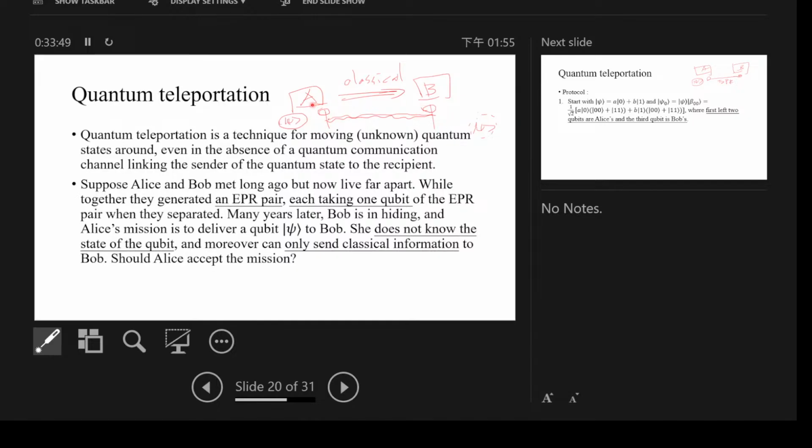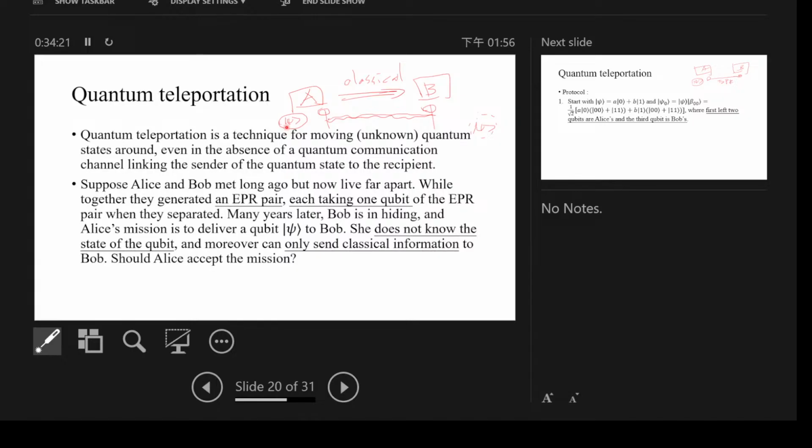Maybe they don't have a quantum channel between them, but maybe they meet sometime before, and Bob just takes away one qubit from Alice. Anyway, they have this pre-shared entanglement. They created it in some way, and now they can only send classical information between them. So Alice is going to send classical information to Bob, and the end result is that Bob will have the unknown state from Alice's side.